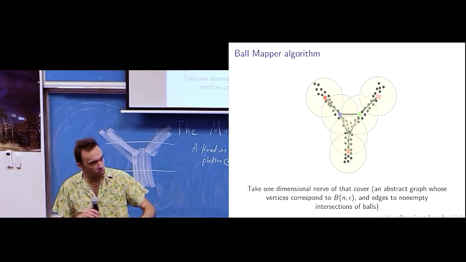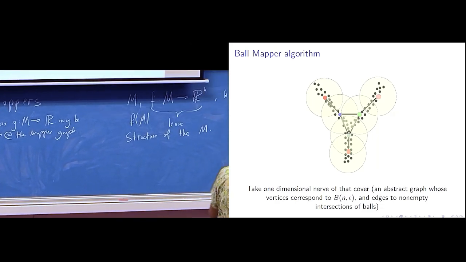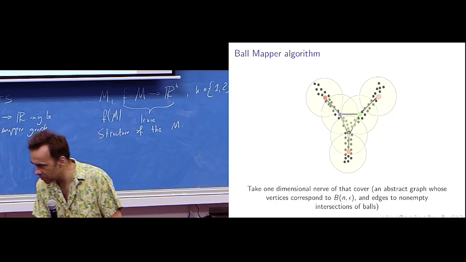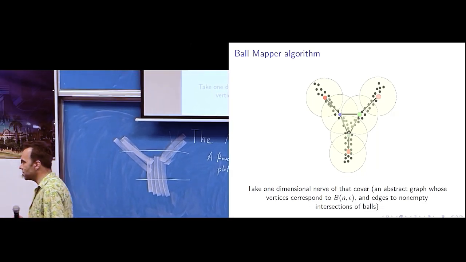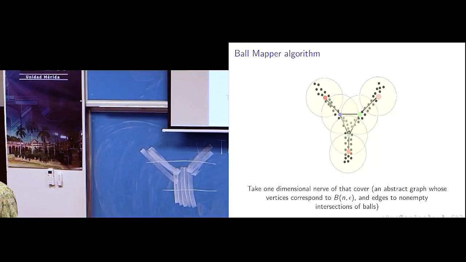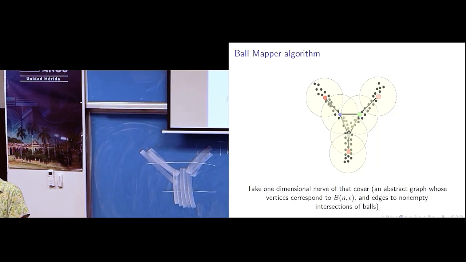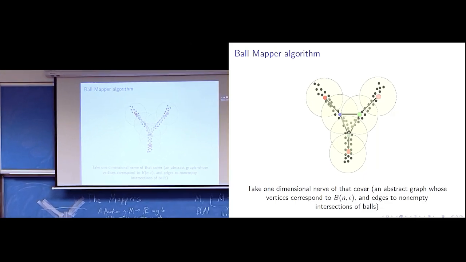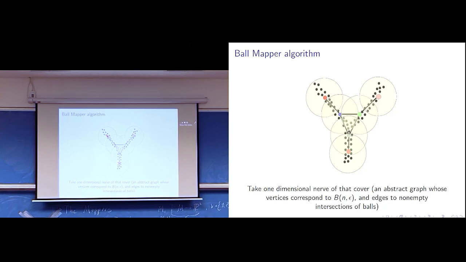Because maybe there are triple intersections. You see this triangle over here. There is a triple intersection. So why not put a triangle, etc. Yes, you can. It's a sparse Rips construction if you do it, or something like a sparse Rips. It's really not the landmark based witness complex, but it's something in this direction. Yes, in principle you can.